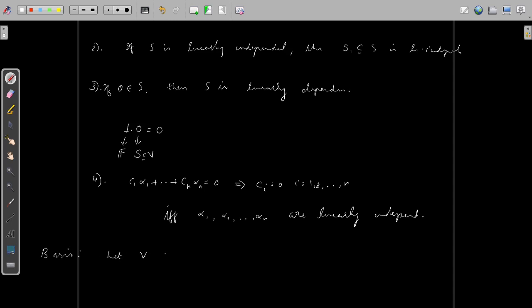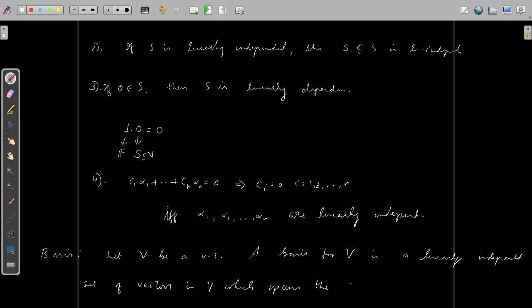Let V be a vector space. A basis for V is a linearly independent set of vectors in V which spans the whole vector space V. The space V is finite dimensional if it has a finite basis.